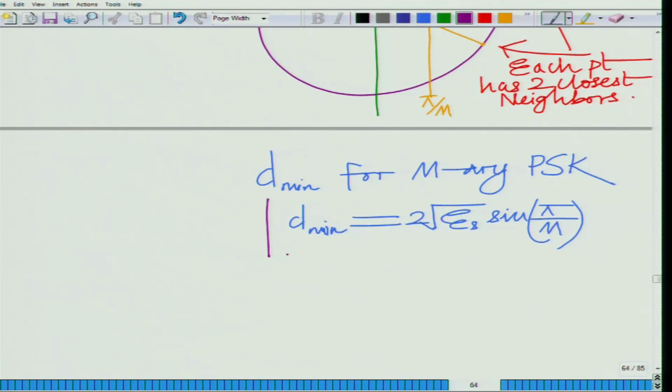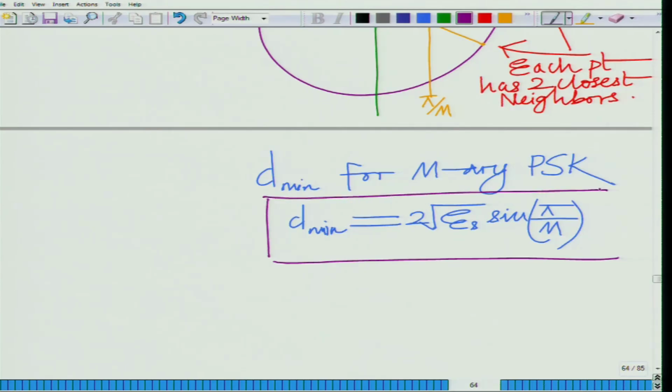I hope that brief derivation is rather simple. It is based on principles of high school geometry, that is, if you look at a chord on the circle, and if you draw a line from the center to that chord, the line from the center is perpendicular to the chord, and we have used the fact that the radius of the circle is square root of Es, and the phase difference between the points is 2 pi over M. Therefore, the line joining the center to the chord bisects that angle.